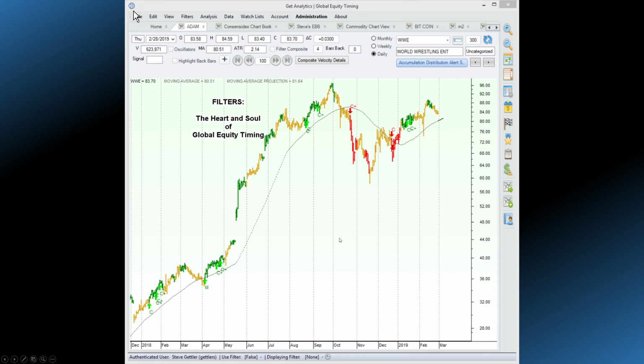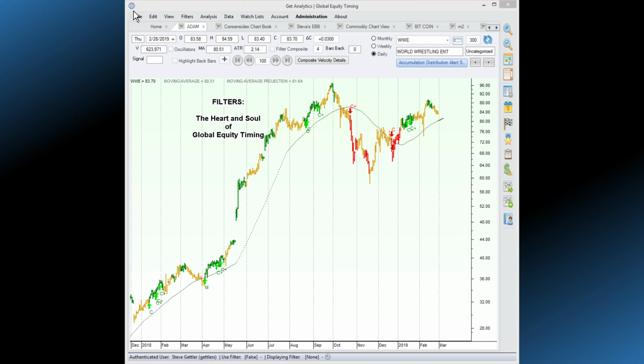This chart contains our ATOM buy-sell signal engine with buy signals, timely points in time to actually buy a stock. There's a great timing signal right there. The stock zoomed up. We always want to buy on these ATOM buy signals, and they're usually pretty darn good, but we want to increase our accuracy and increase our potential by adding what we call filters.